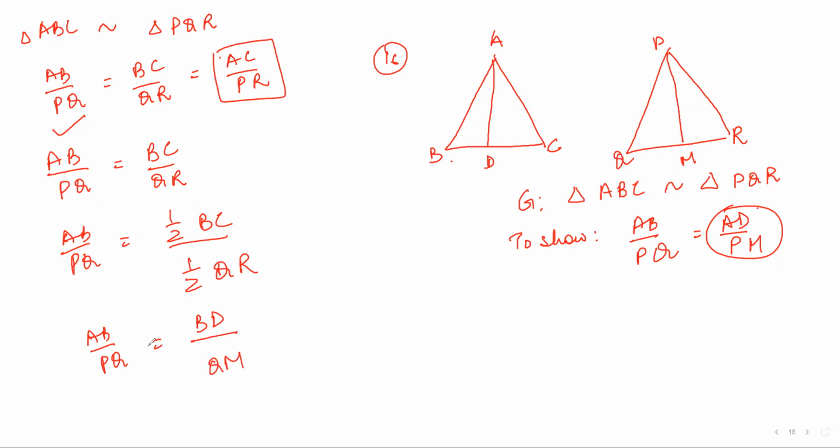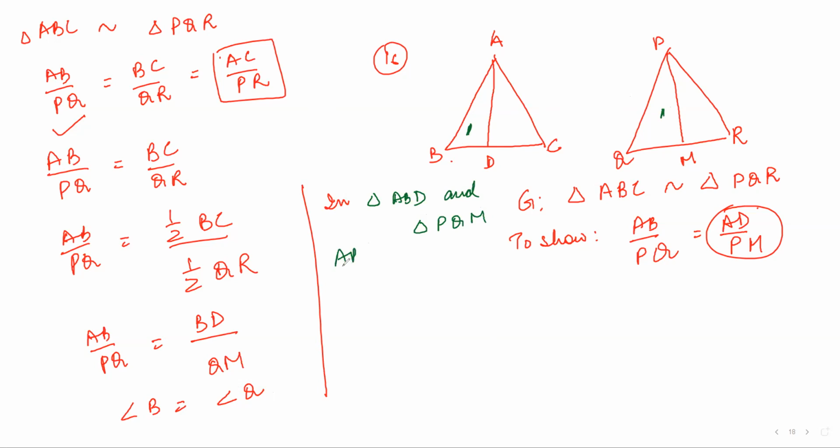Also because the triangles are similar, I can say that angle B is equal to angle Q. So now if I take these small triangles, triangle ABD, the left one, and triangle PQM, I have got AB by PQ is equal to BD by QM, which I have proved from result 1, already proved.